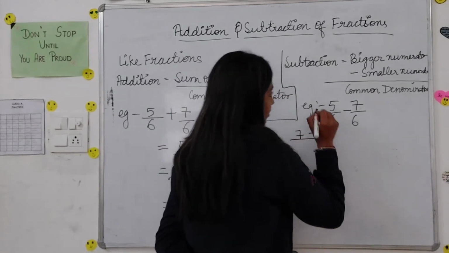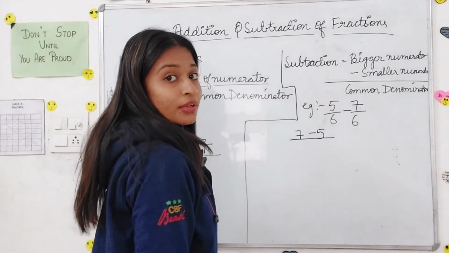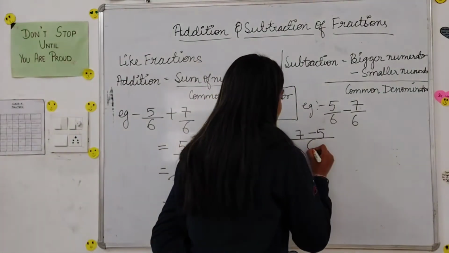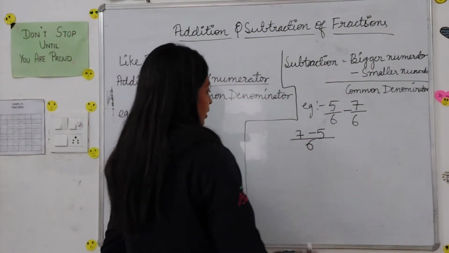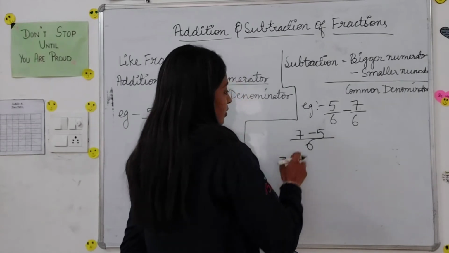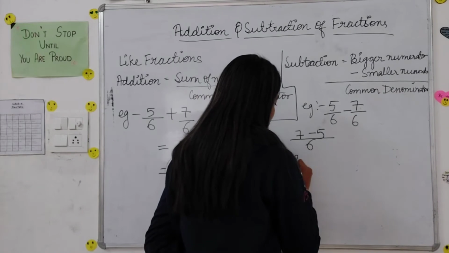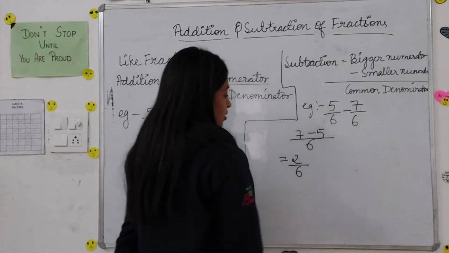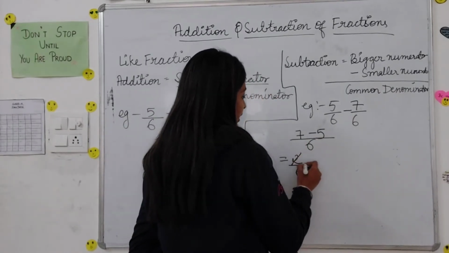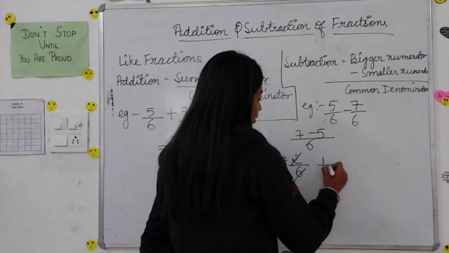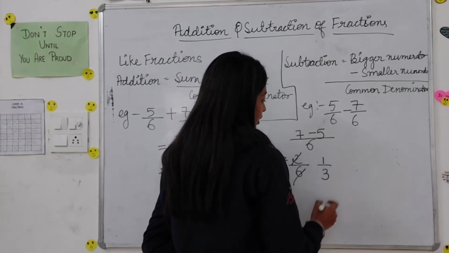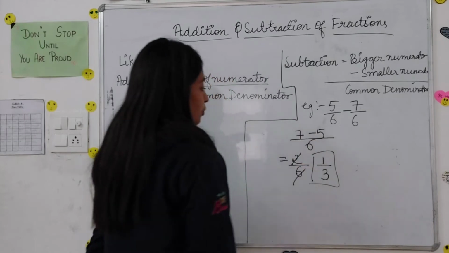Now we will write the common denominator. The denominator is 6 and we will write 6 only one time. Now we will subtract 7 and 5. So the answer will be 2 upon 6. Now again we will cancel it. 2 ones are 2 and 2 threes are 6. So the answer will be 1 upon 3.